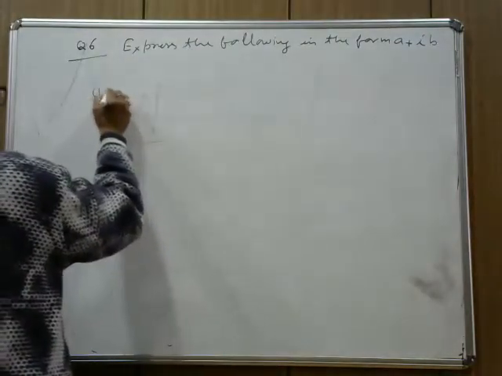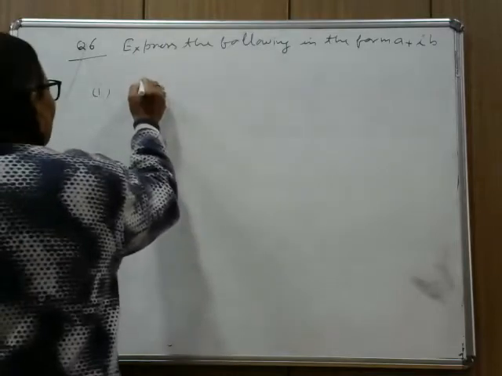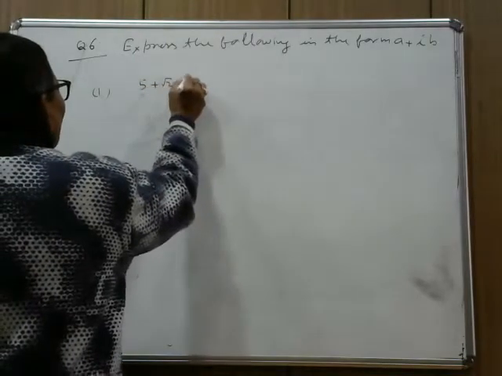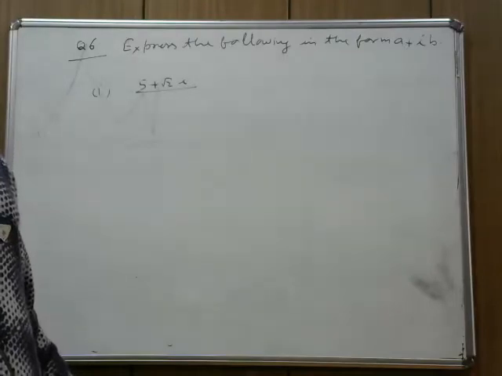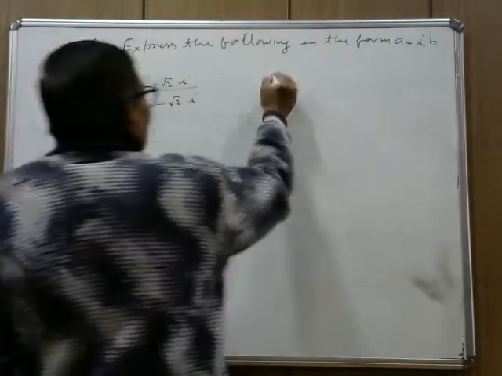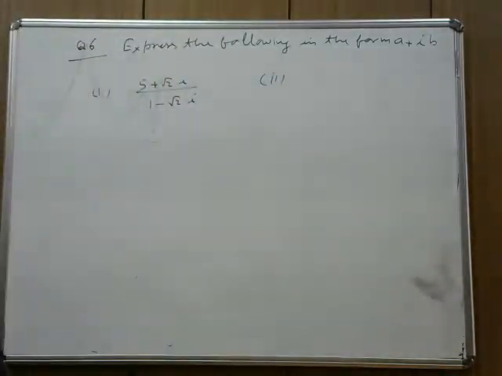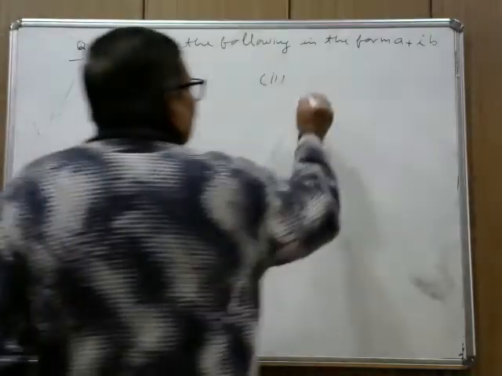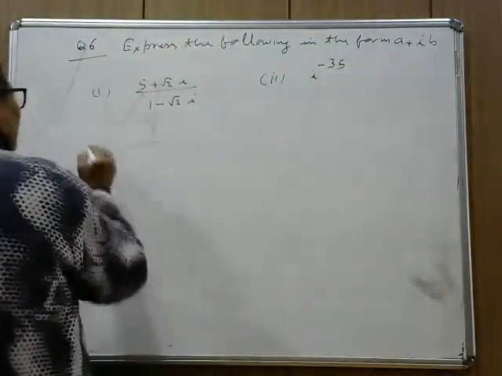Your first is 5 plus root 2i upon 1 minus root 2i. Second, i to the power minus 35.